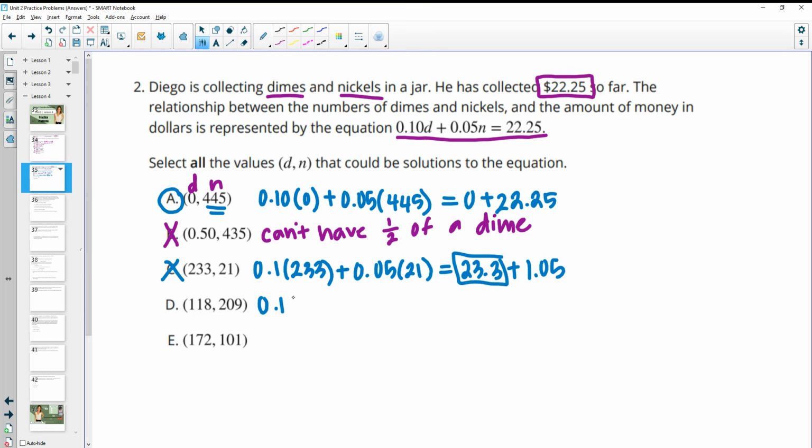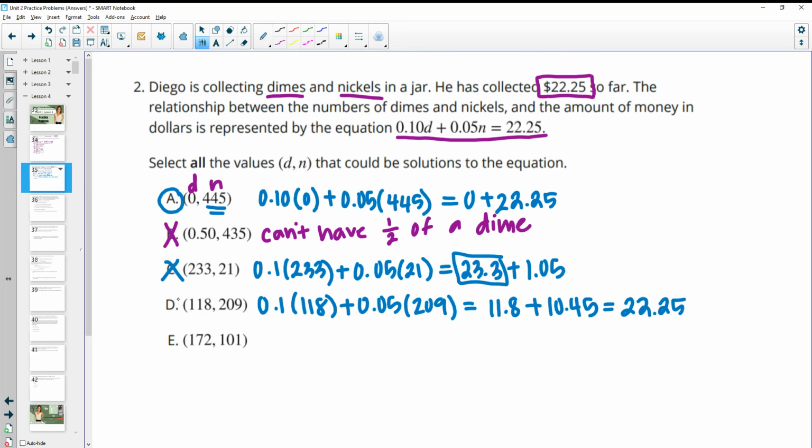D is 0.1 times 118 and 0.05 times 209 for the number of nickels. So he's got $11.80 in dimes, plus he has $10.45 in nickels, and this totals $22.25, which then means it is a solution to this equation.